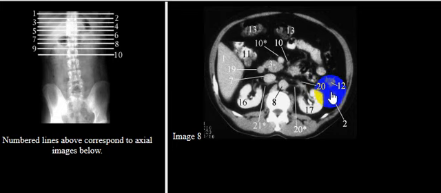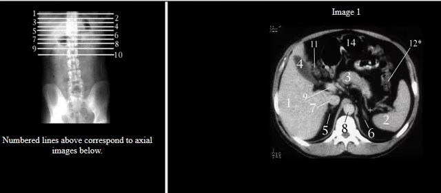The spleen is held in place by the gastrosplenic and splenorenal ligaments, and the tail of the pancreas is also found in the splenorenal ligament in the hilum of the spleen.